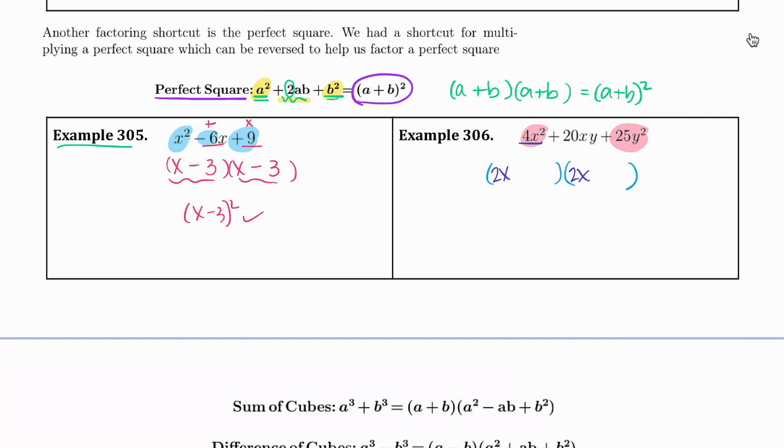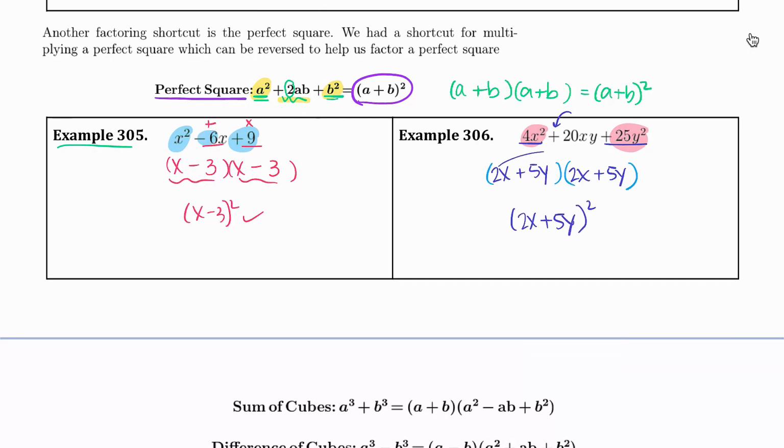The square root of 25y squared is 5y. And because this is positive as well, we need this to be plus 5y, plus 5y. Or we could write this as 2x plus 5y to the second power.